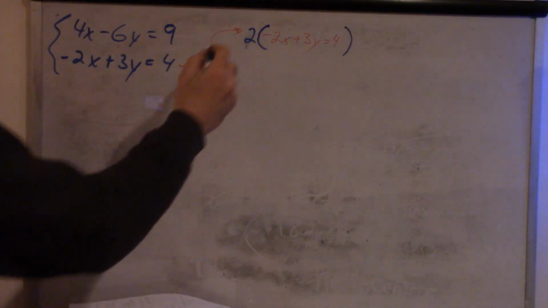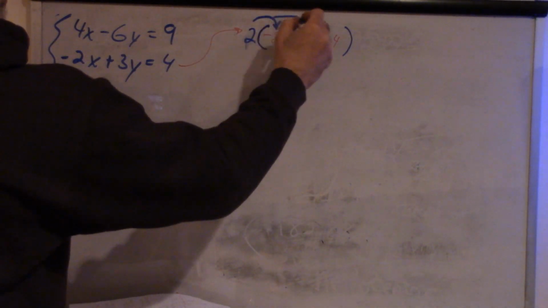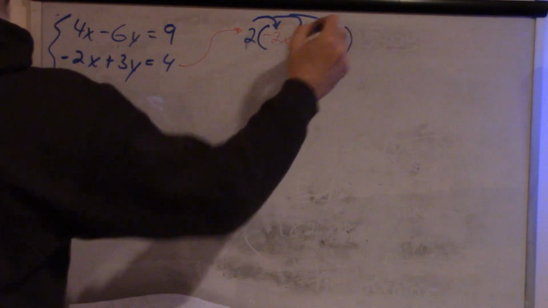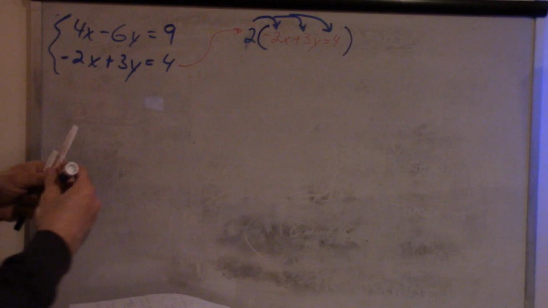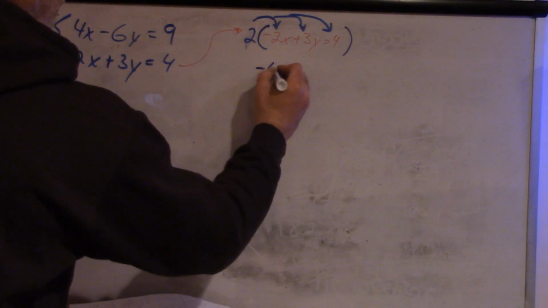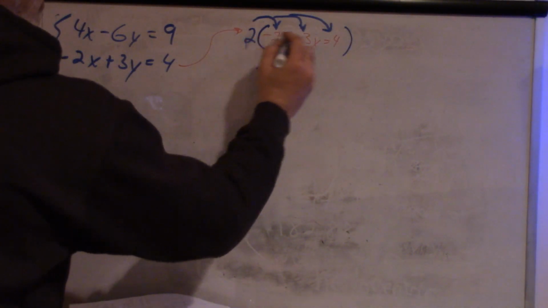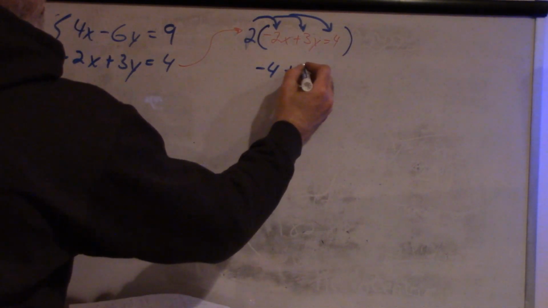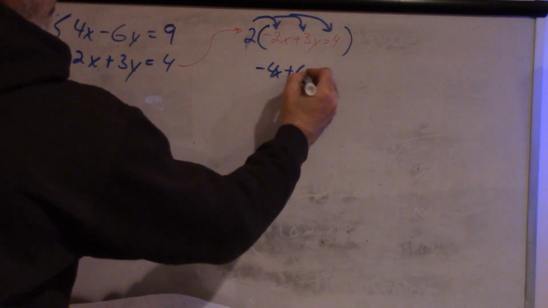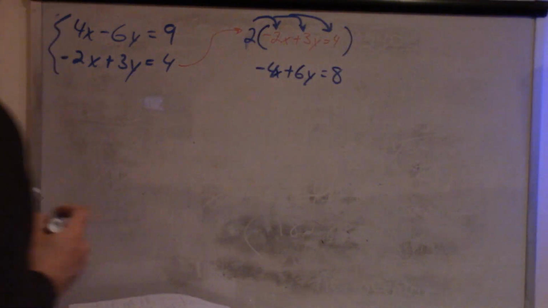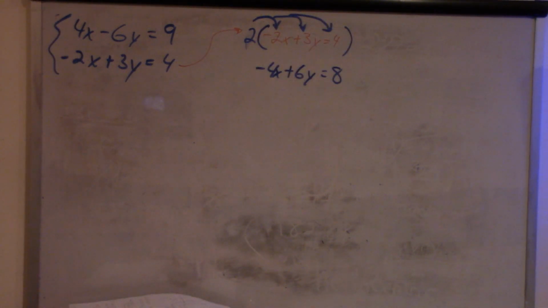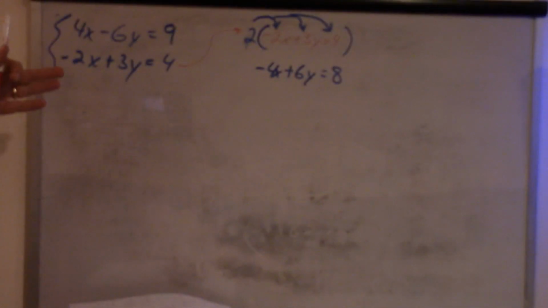When we multiply by 2, remember we distribute: every term inside the parentheses must be multiplied by 2. So 2 times negative 2 gives us negative 4. And then 2 times 3 is 6, so plus 6. This is negative 4x plus 6y equals, and 2 times 4 is 8. So negative 4x plus 6y equals 8. So far so good?